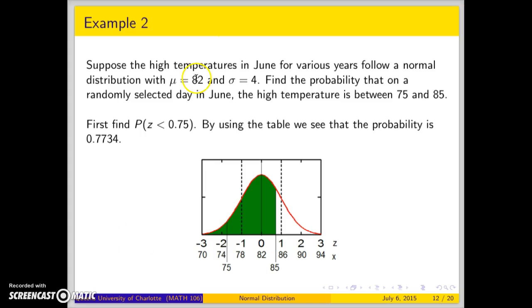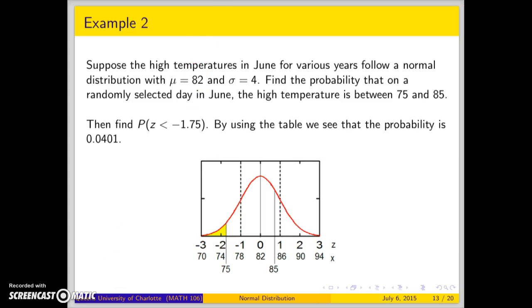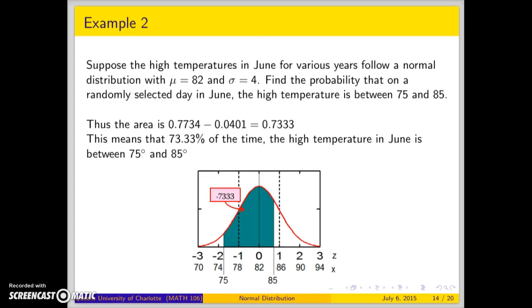And we find the area below negative 1.75, which is 0.0401. And then all we have to do is subtract them, and we get 0.7333 as our probability. So that means if you randomly select a day in June, the high temperature would be between 75 and 85 degrees about 73.33% of the time.